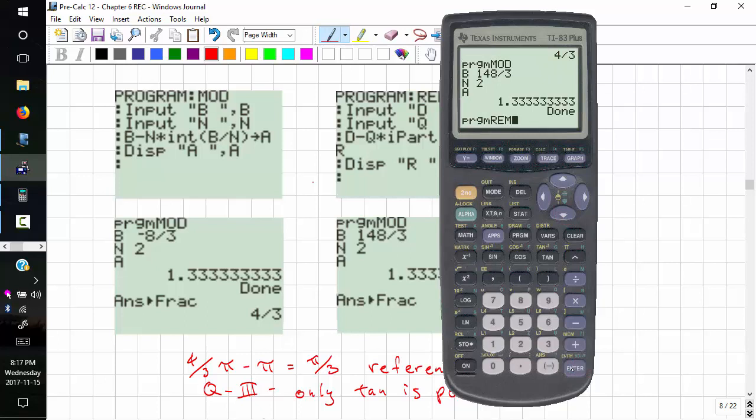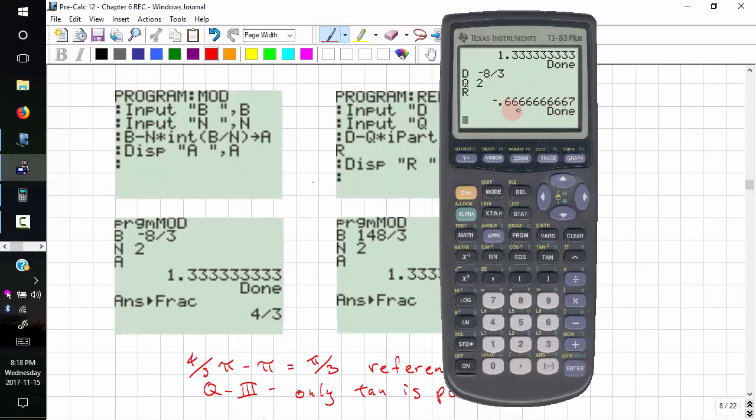So if we did a positive value, it's not a problem. 148 divided by 3, and then we're modding it with 2, and we get the same thing. So positive is fine, but let's enter the program again, and we're going to do the -8 divided by 3, and then the 2, and we get -0.666.